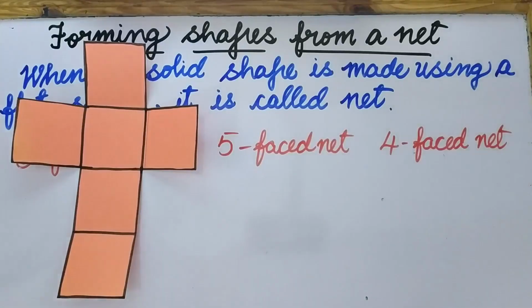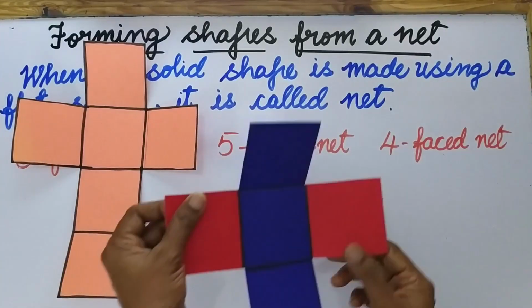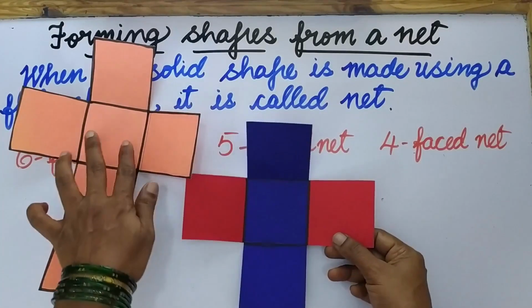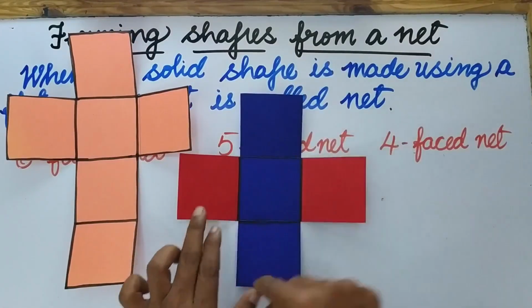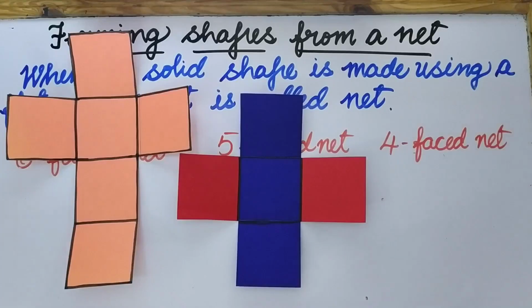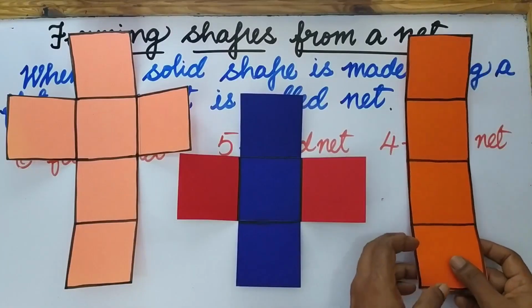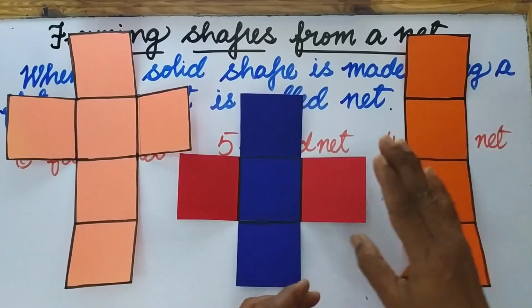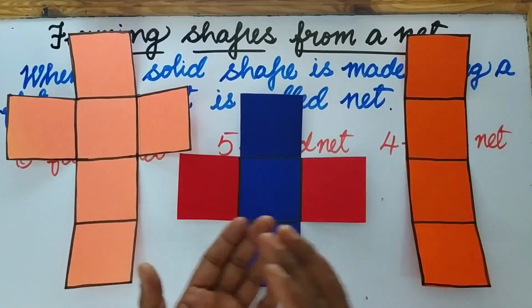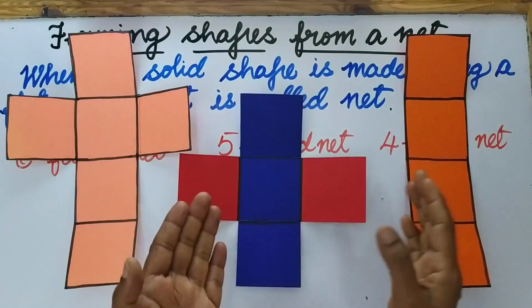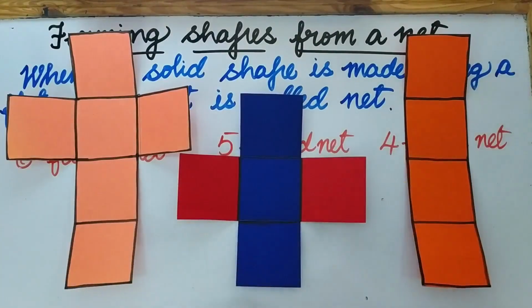Next we saw the 5-face net. We can make a cube, but one face will be open. And the 4-face net, where we find only 4 faces, but 2 sides will be open. In this way, we can construct the net for the cube.